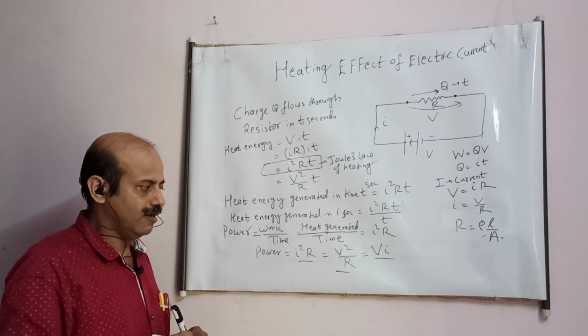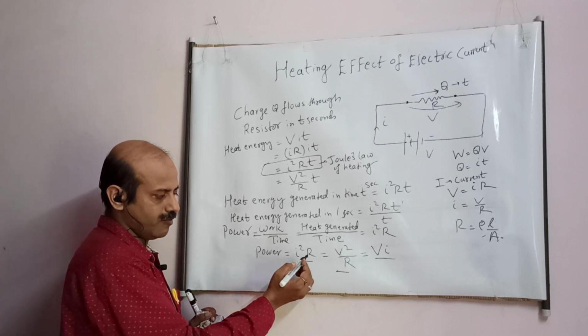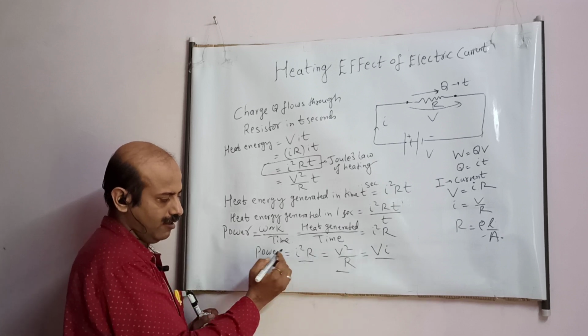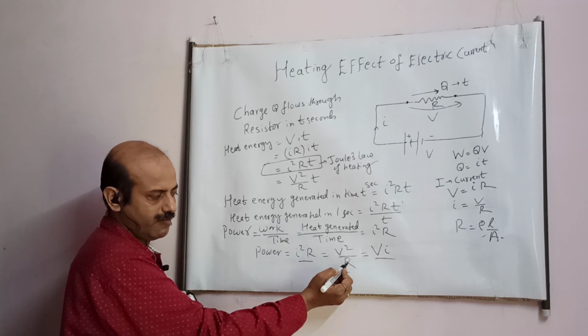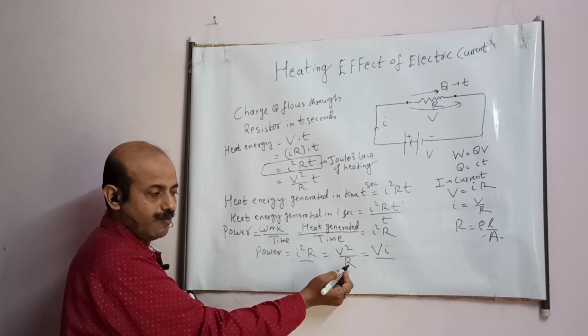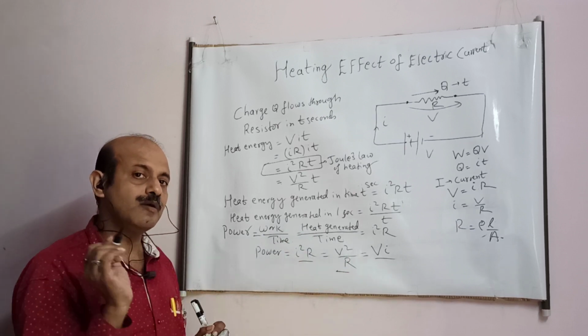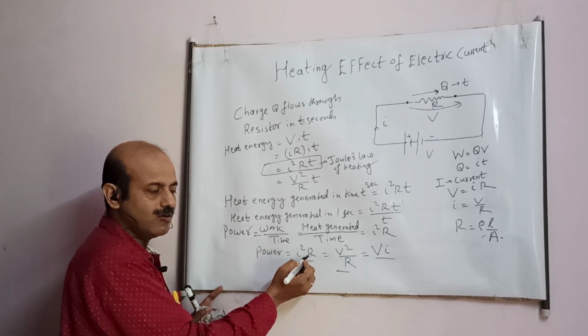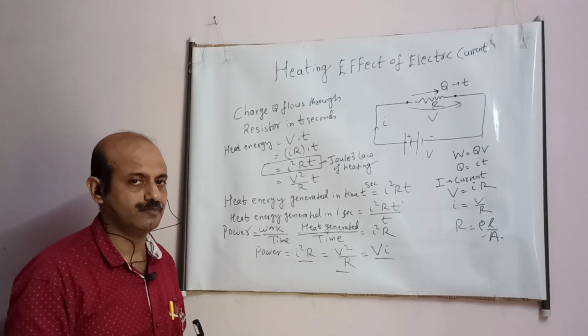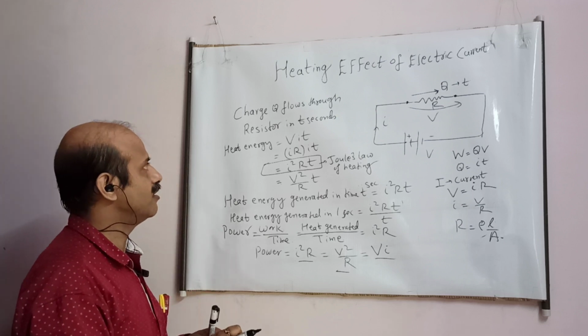Now student, there is a confusion regarding these two formulas. Here power is directly proportional to R. Here power is inversely proportional to R. But remember student, it is mathematics. What you have to remember is that this relation depends on which quantity is constant.